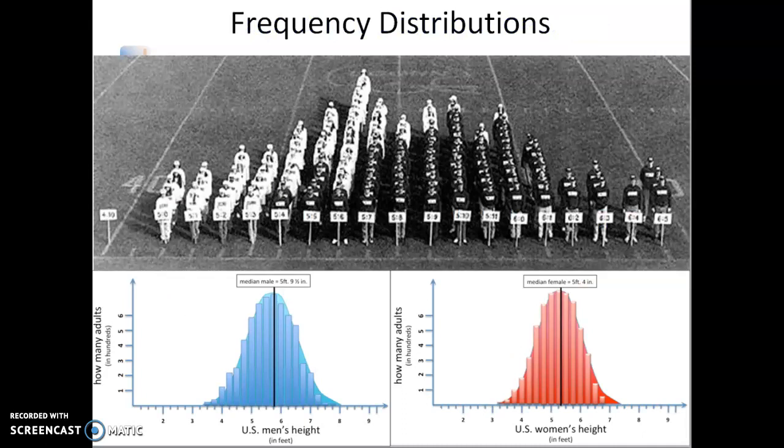We alluded to these already because I showed you the bell curves. This picture here kind of highlights what a frequency distribution is. Here they've taken various heights and asked people, probably some high school or college athletic group, to get behind the height that represents them. Okay?